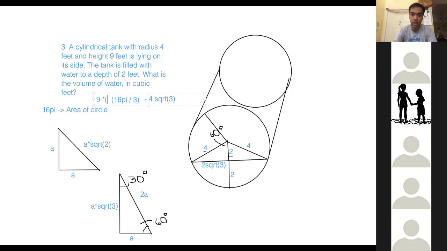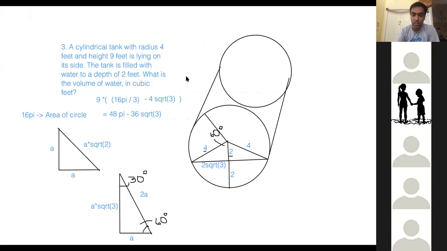Good. And what do we get when we do that? 48 pi minus 36 square root 3. Good. And this is actually the answer. 48 pi minus 36 square root of 3.